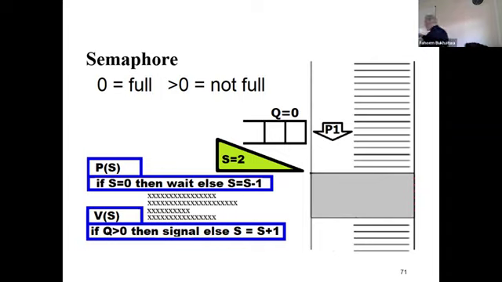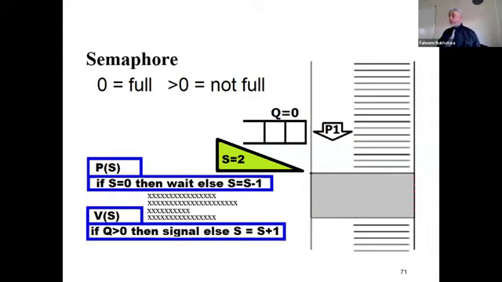Now the functions, the guy who invented this is a Dutch guy. So he used P and V. I don't actually remember what the Dutch words for P and V are, but think of it as wait and signal, similar to that. Right, so we run the P function.